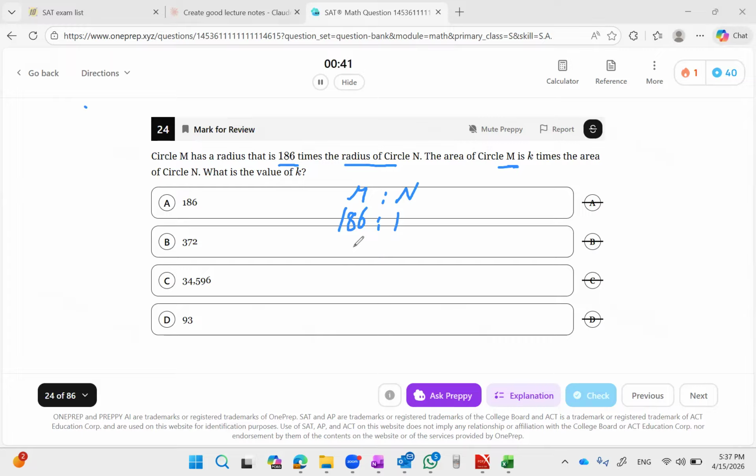So if I put here K, what is the value of K? Most of the students will make K equal 186 or whatever the answer is, which is not right at all. Why? I will tell you why. Because if the ratio between the radius of circle M to the radius of circle N is 186 to 1, for the ratio between the first circle in area to the second one, I should square the sides.